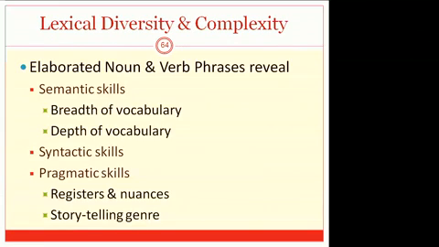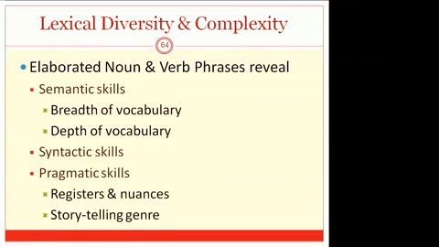So semantic skills are certainly revealed by elaborated noun phrases. In addition, it takes a level of syntactic skills to form those elaborated noun and verb phrases. Therefore, analyzing noun and verb phrases gives us insight into some of a student's syntactic skills.